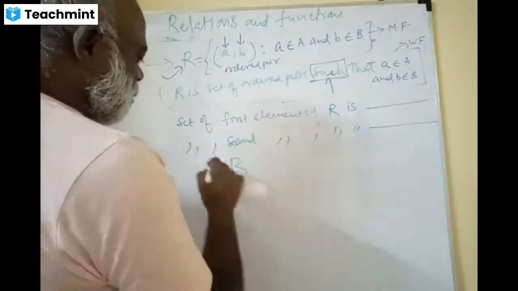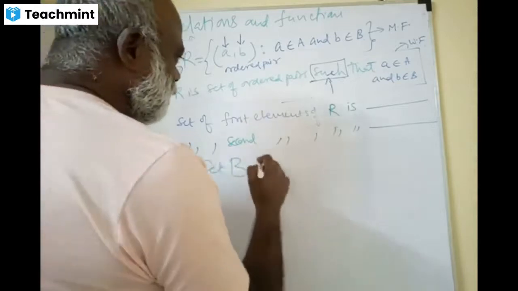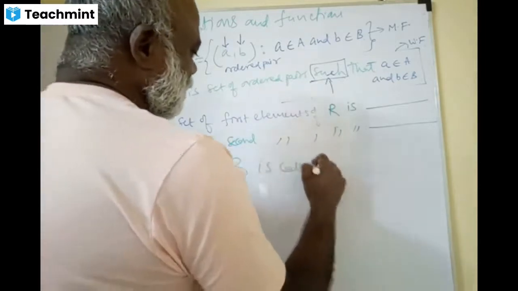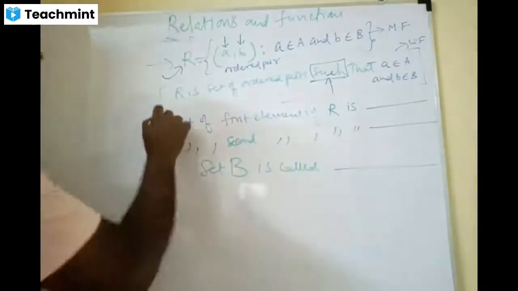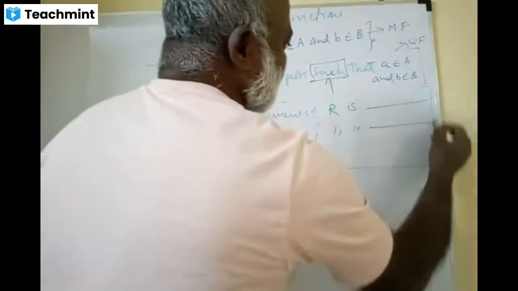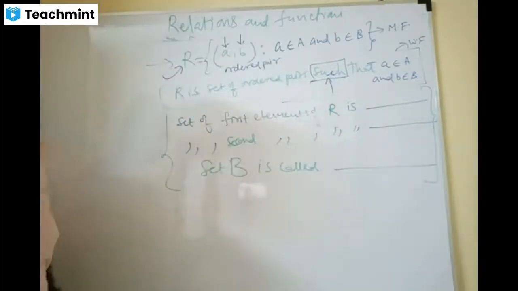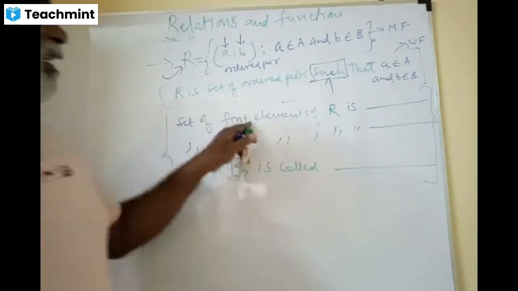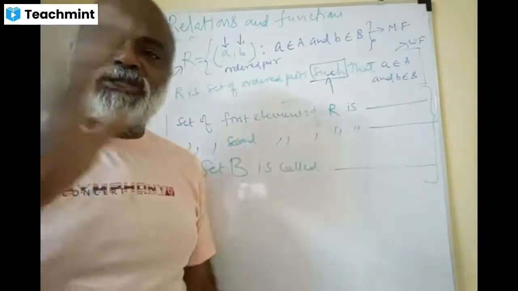And set B is called dash. These are very beautiful things of the relation. Please come on, who will answer this? The set of first elements of R is called what?